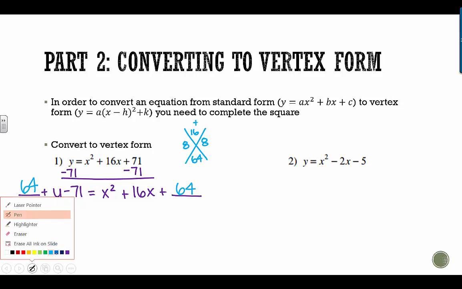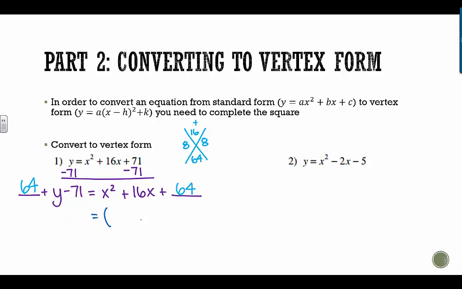Now this right side can be factored into (x + 8) squared. That's what those two 8's helped us decide. And this equals 64 plus y minus 71. So we're going to rewrite this as y minus 7.